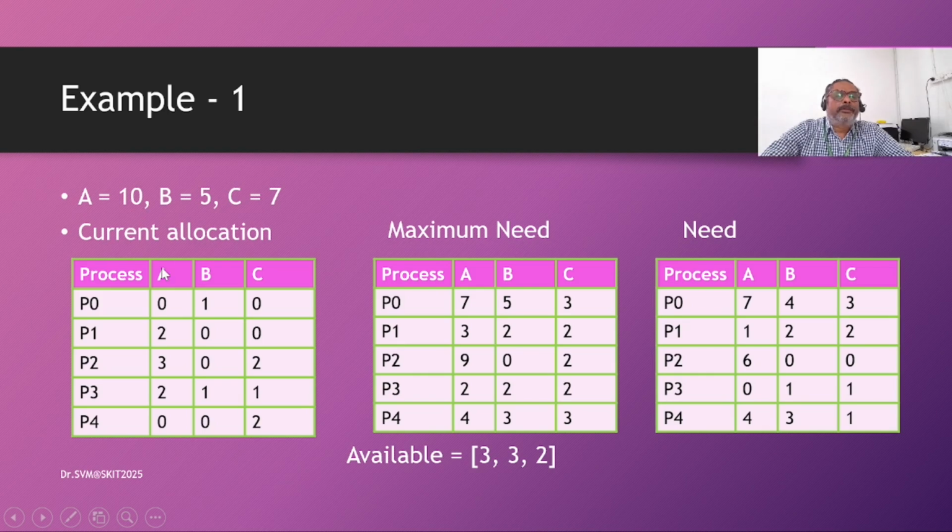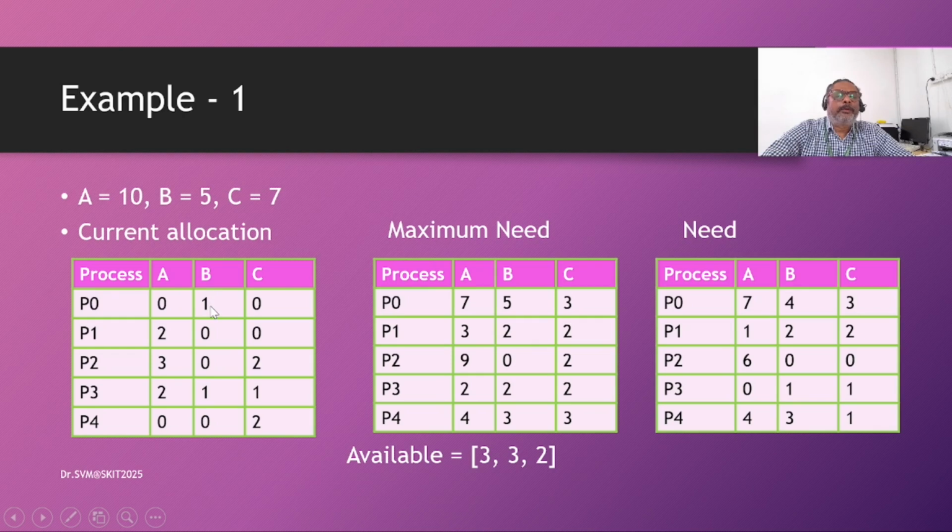We have 10 instances of A, 5 instances of B, and 7 instances of C. So how many are already allocated? For A, 2 plus 3 is 5, 5 plus 2 is 7, so 7 are already allocated out of 10, therefore 3 instances of A are available for allocation.